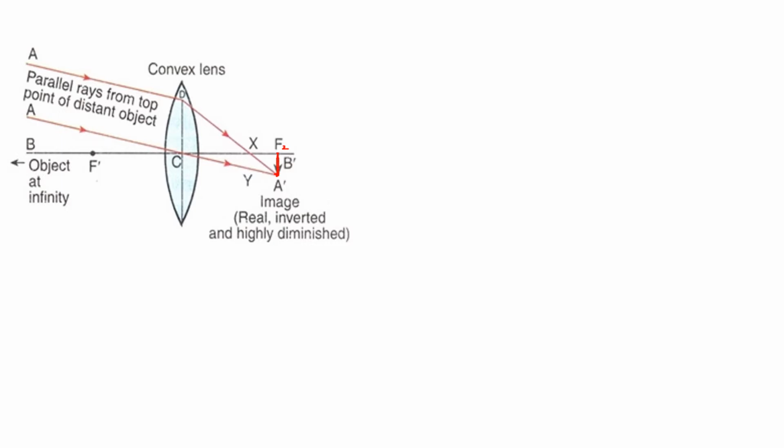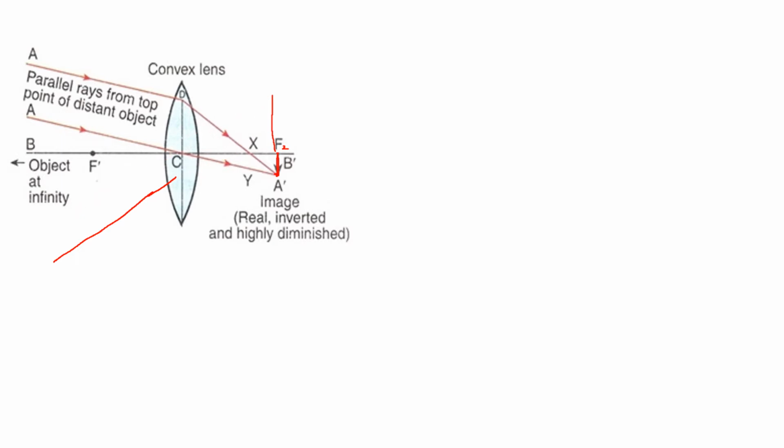If you take two lines like this, parallel to each other, somewhere they are going to meet. After refraction they meet at a point which is right at the top of F2, the principal focus, right? Children, this diagram is not that great.